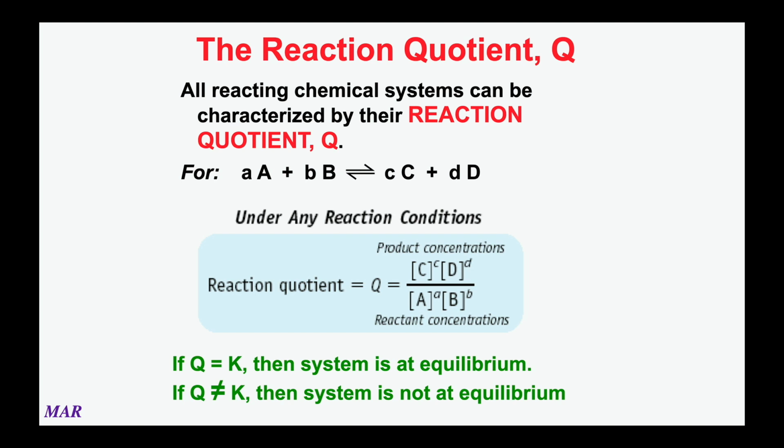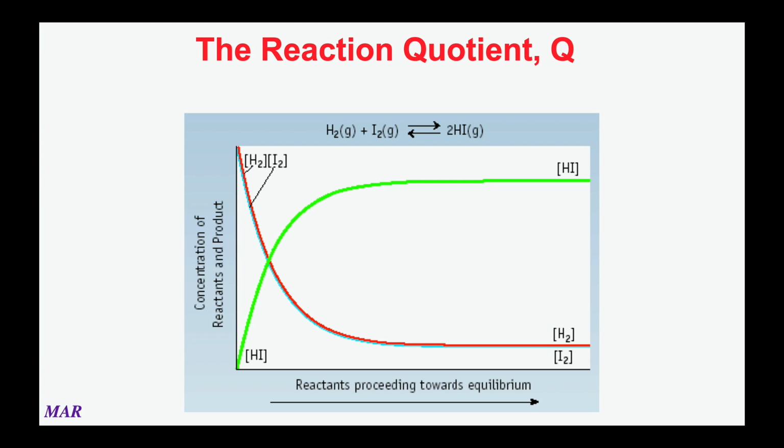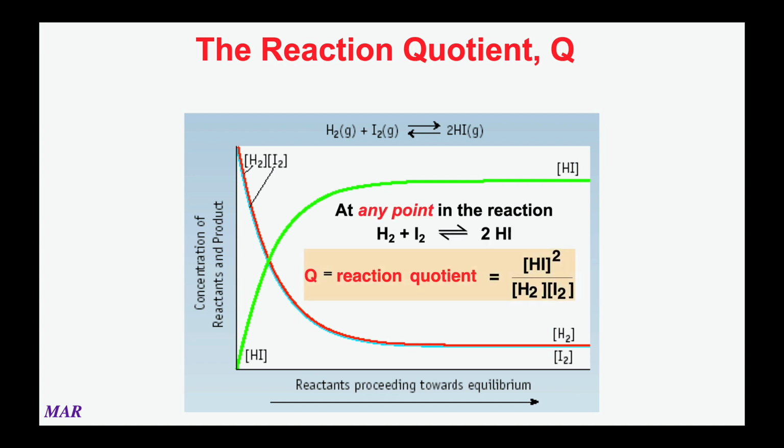Here's a reaction where, again, H2 and I2 are combining to make 2HI. And we talked about earlier how once the products and reactants are constant, that's when you're going to have the equilibrium. So earlier when I drew it, it was something like this right here. And everything to the right of that little weird thing I drew is equilibrium, but everything to the left is not equilibrium.